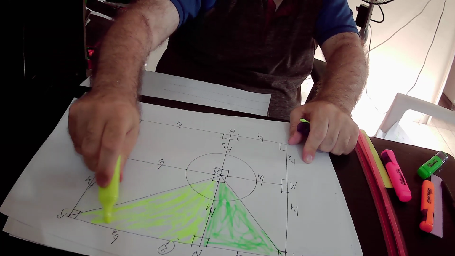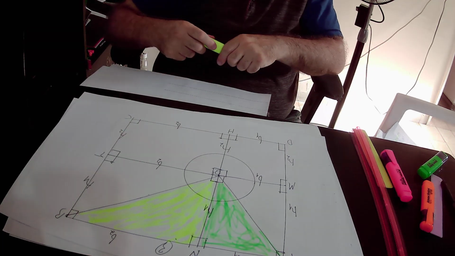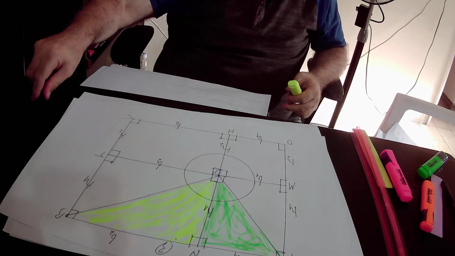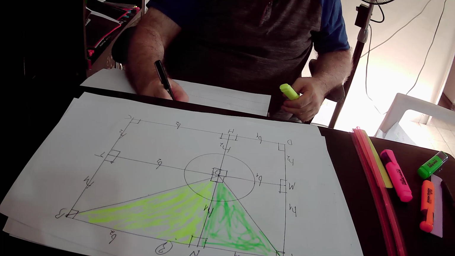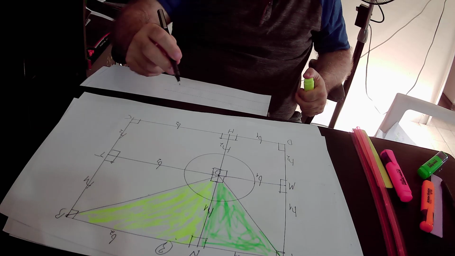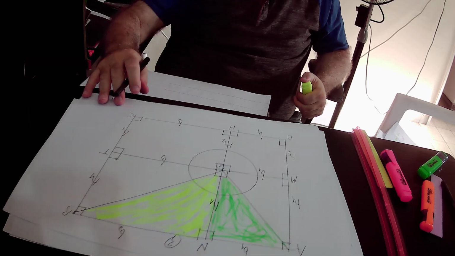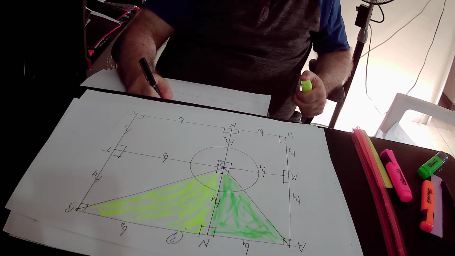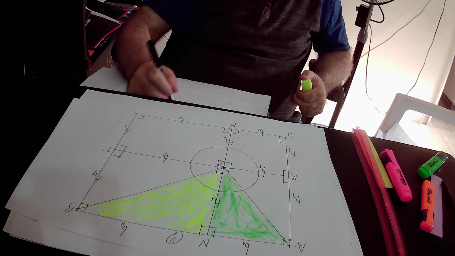According to the Pythagoras theorem, we get that BO square equals B2 square plus H1 square.